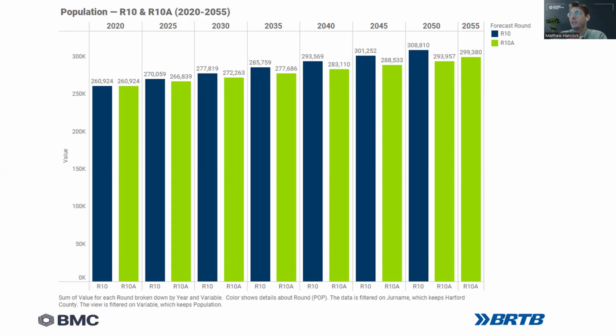So it will be continued population growth, just with different population dynamics than what has been experienced or what was forecasted in round 10. Harford actually had the closest estimate to 2025 with the census, being only over by 393 persons, so a difference of 0.15%. So extremely close, and again, very strong estimates there.